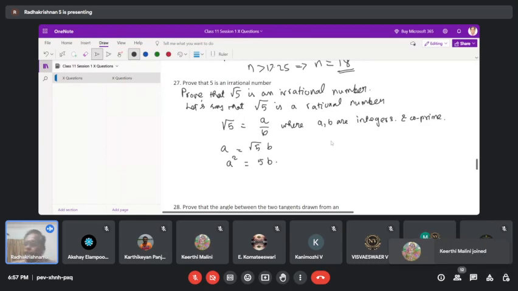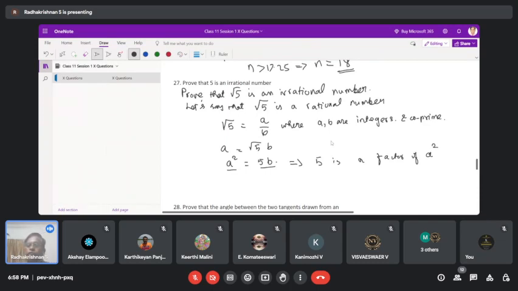So if a square equals 5b square, a square has a factor 5, since a square is 5 times b square. This implies 5 is a factor of a square.